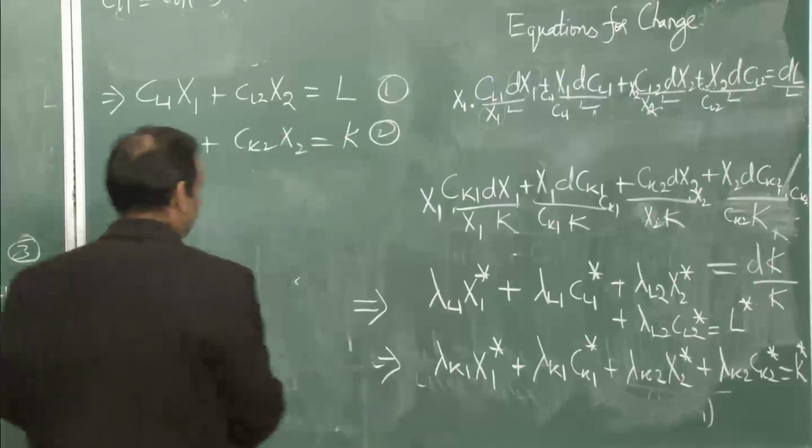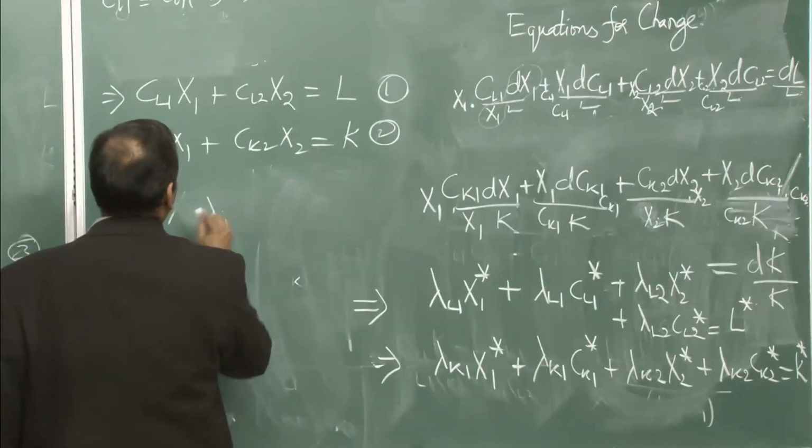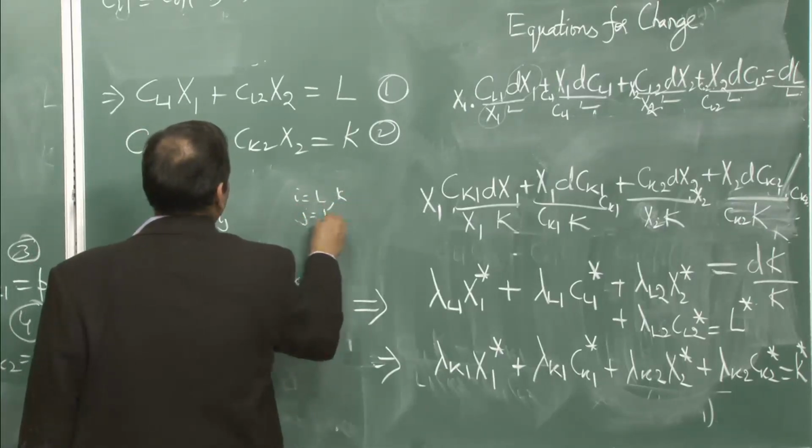Now, what is lambda ij? i is L, K, j is 1 and 2.